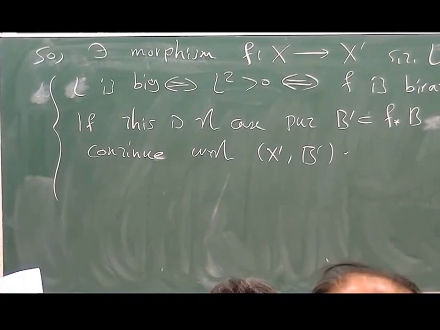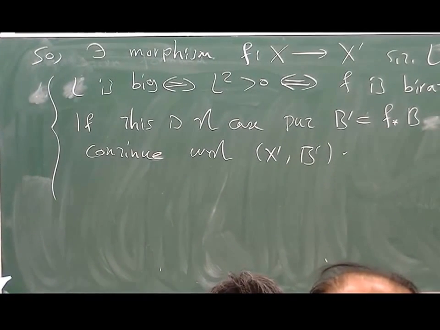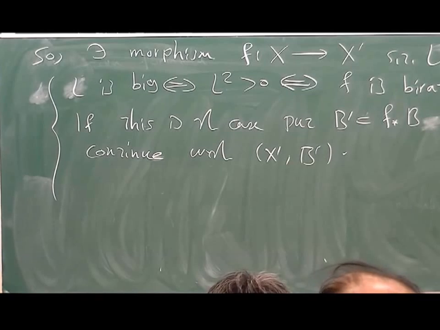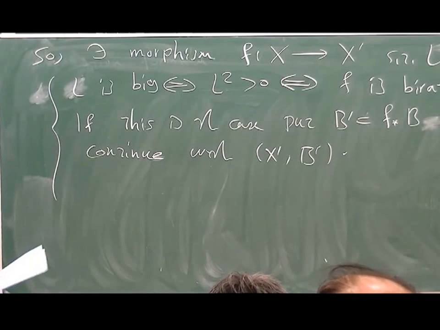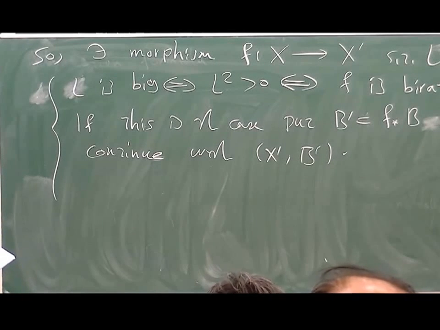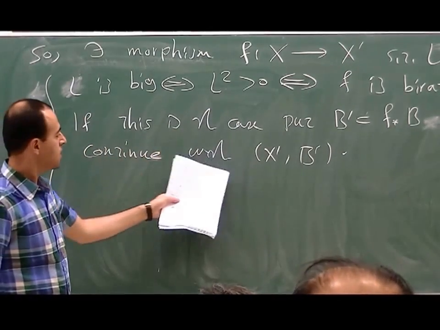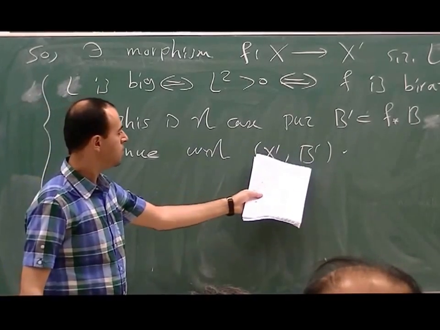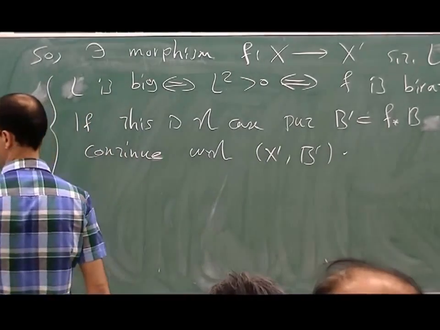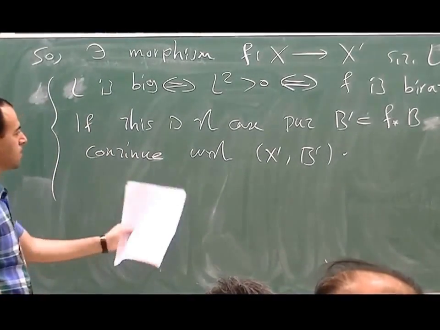So I have X, I have collapsed. In fact, because K plus B is negative on some curve, this tells you definitely f is not an identity morphism. There will be some curves which are collapsed. And I get a new surface with a new boundary, and I just go back to the first step and apply the same kind of process.